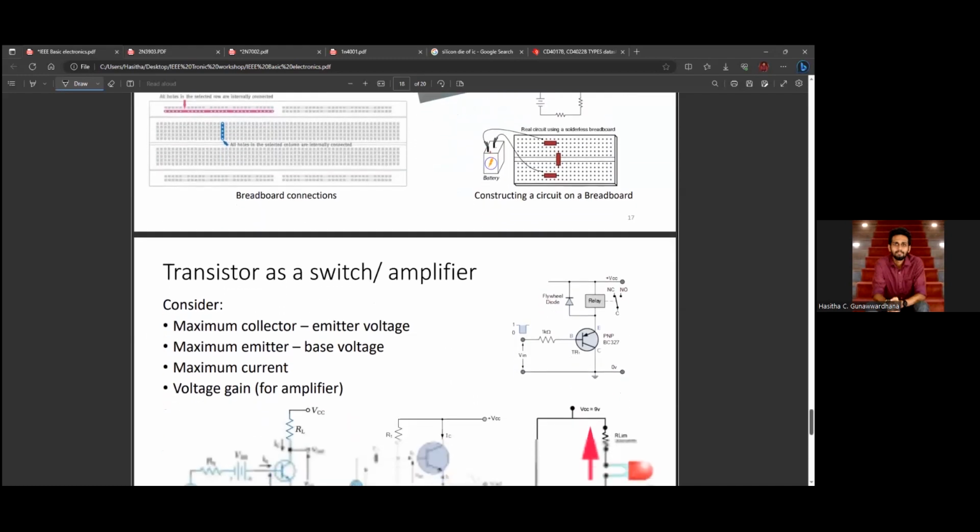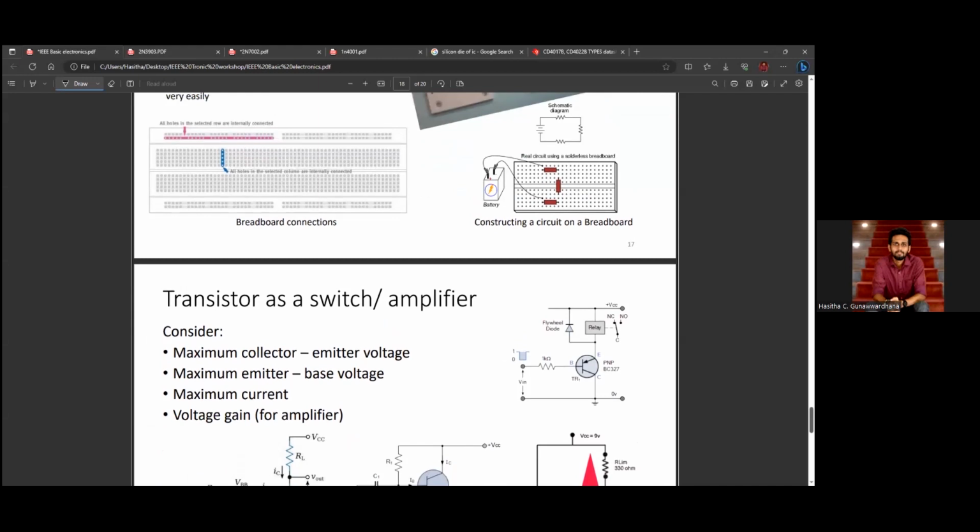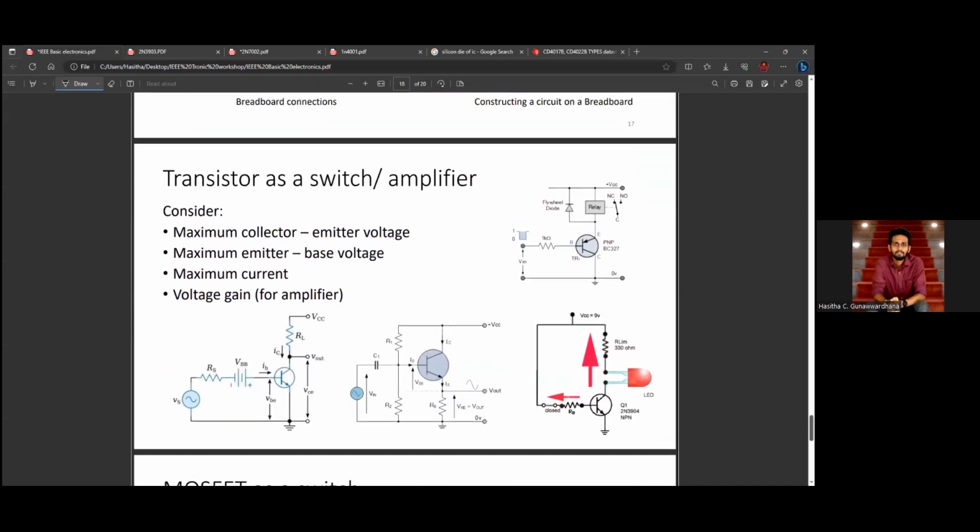So then we can go to the next section. Before going to this section, are there any questions about the first part?